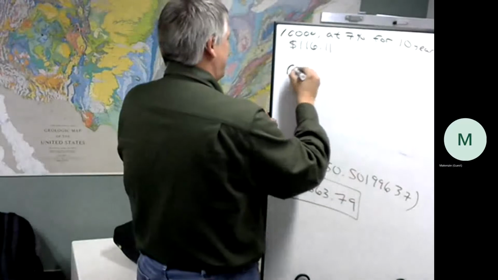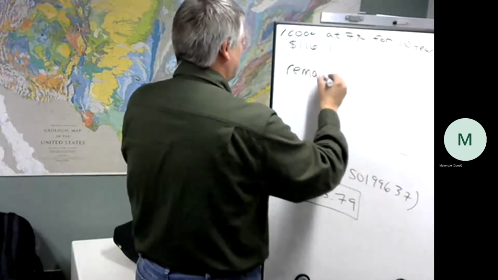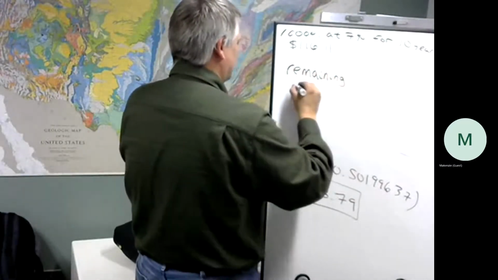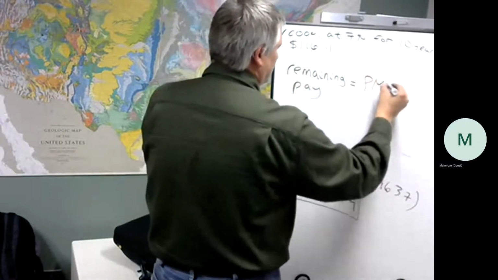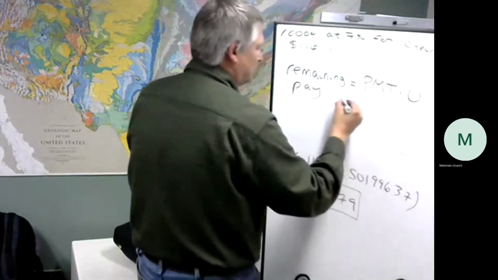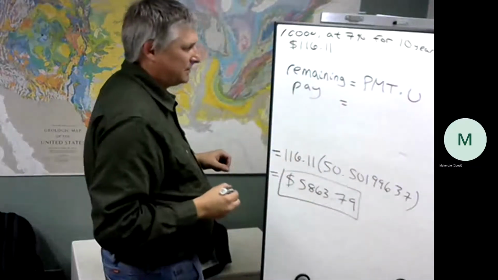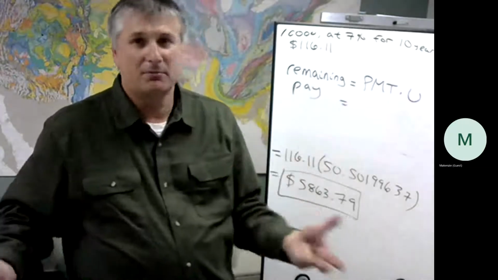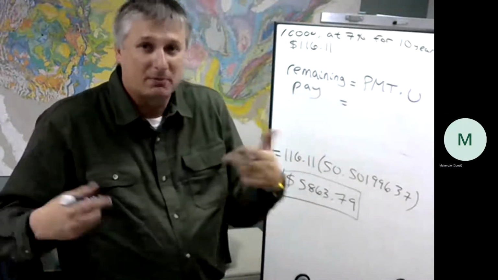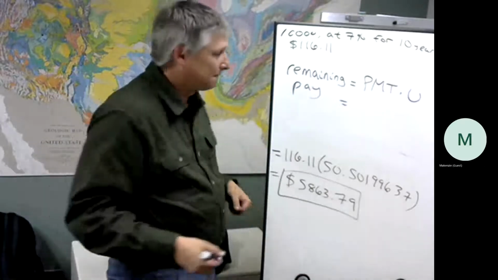So remaining pay, well, that's going to be the payment times U, because U is how many payments were left, and payment is how much money you're paying on each of those payments.